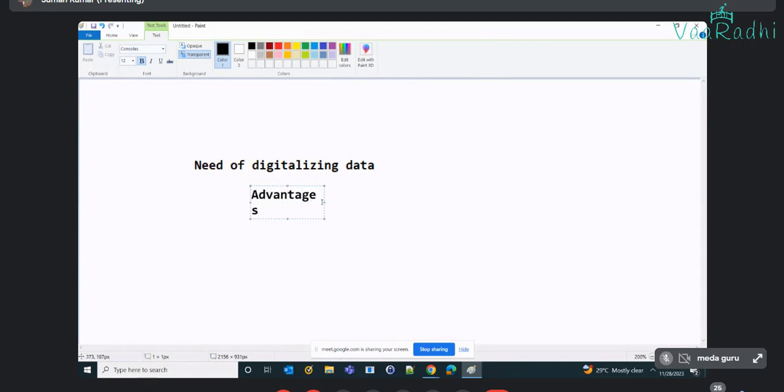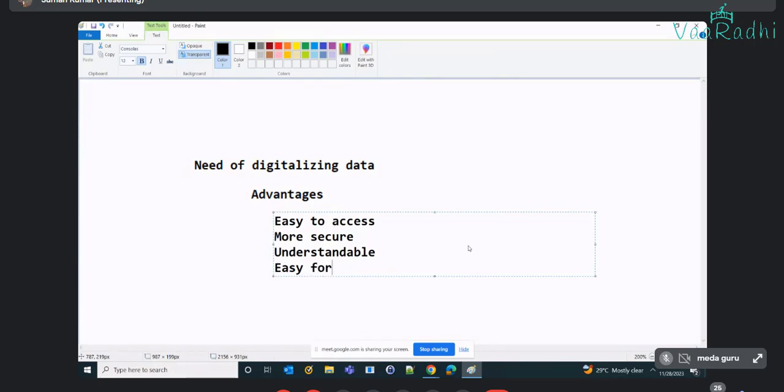Easy to access, more secure, data integrity, understandable, and easy for analysis. Once you're able to analyze your data easily, then you can draw insights. Once you are able to draw insights, you can improve business.